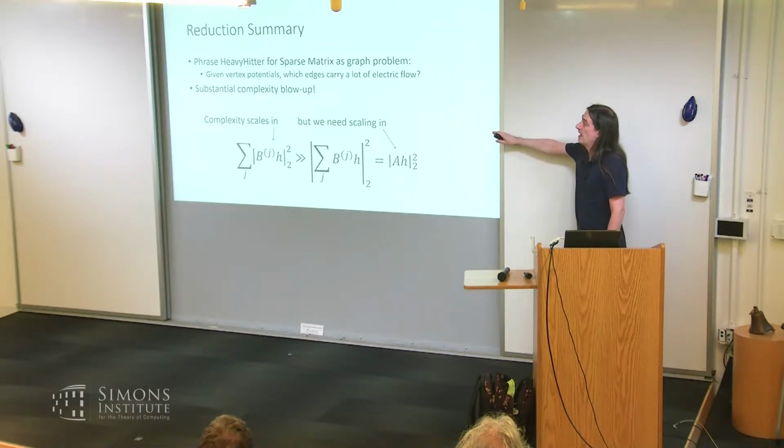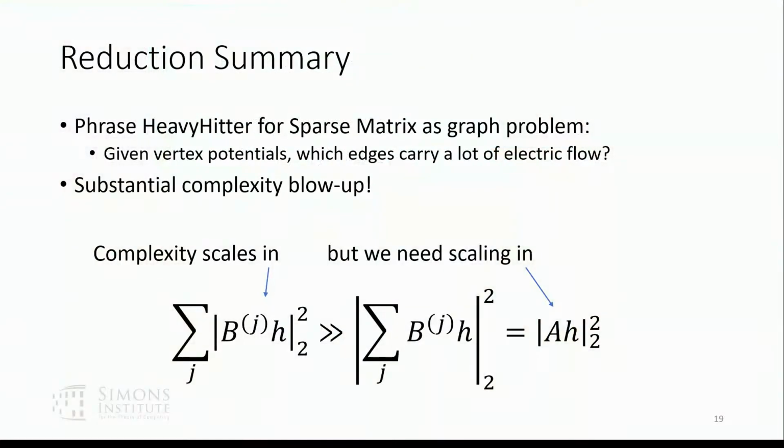So that's the problem we have. And I'm going to show that in the special case of multi-commodity flows, that can be fixed. The main question here is, can we fix that for other matrices as well? Is there a different class of sparse matrices that maybe we can now solve linear programs on more efficiently using some kind of graph technique?